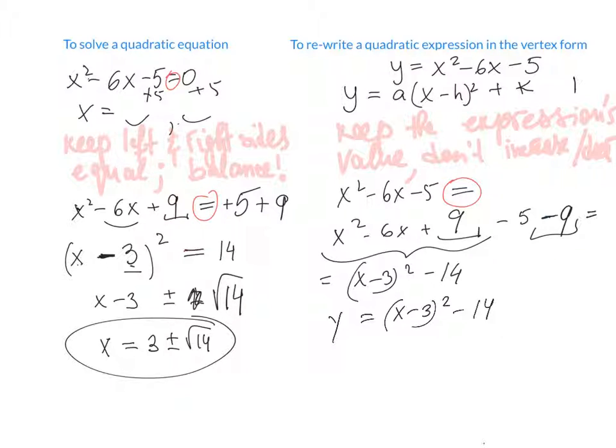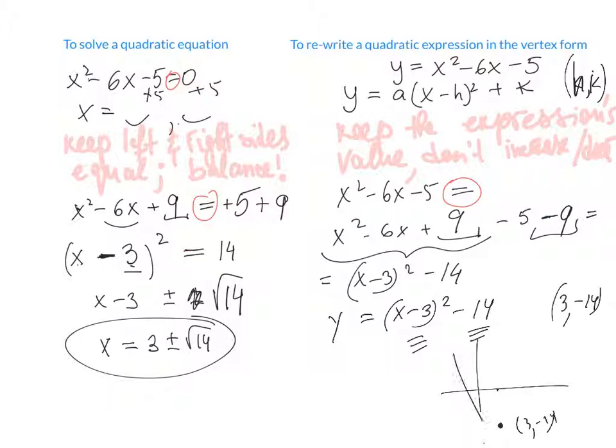So in general, h, k would be the vertex. So 3 comma negative 14 would be the vertex. Or you can think about this as a transformation. Move 3 to the right and 14 down. And this is your 3, negative 14. And that's where your parabola originates.